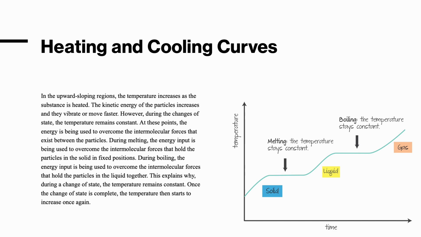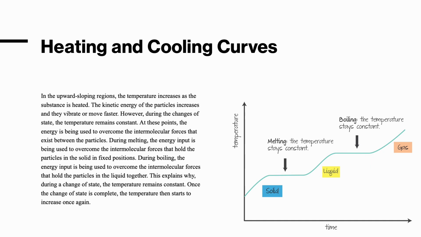So during melting, the energy input is being used to overcome the intermolecular forces that hold the particles in the solid fixed positions, while during boiling, the energy input is being used to overcome the intermolecular forces that hold the particles in the liquid together. So once the change of state is completed, that is, all the intermolecular forces are broken, the temperature will then start to increase once again.